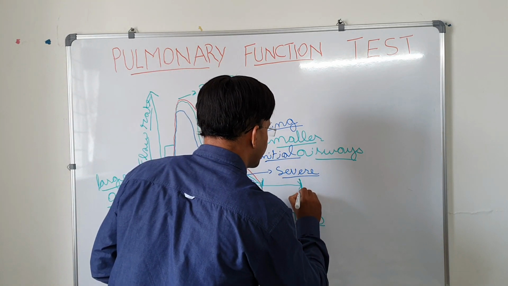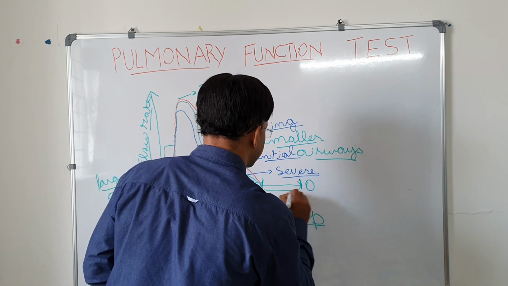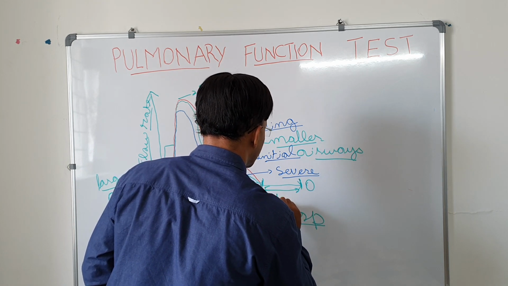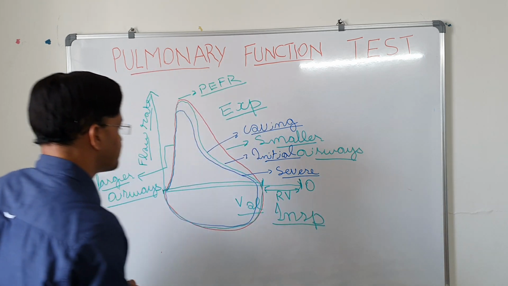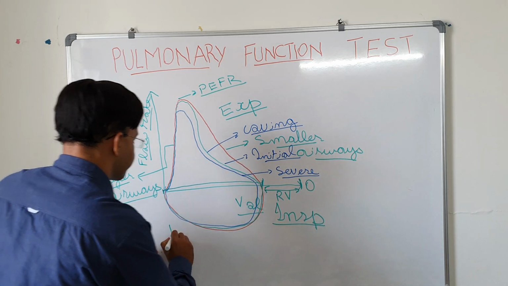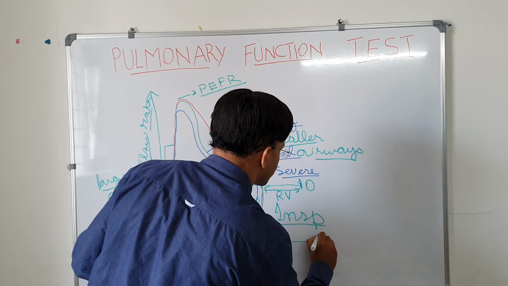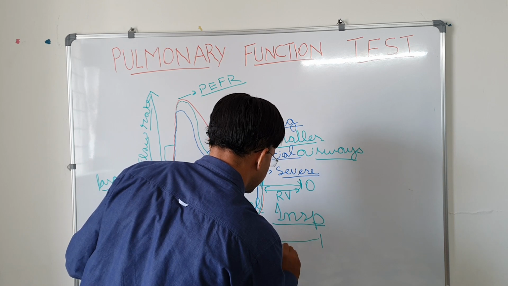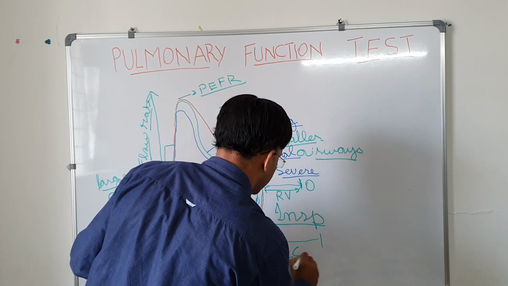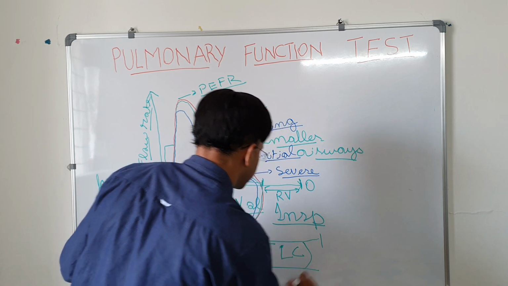And this point is often taken as 0, and this represents our residual volume. And this whole thing from this point to this point is considered total lung capacity, right?